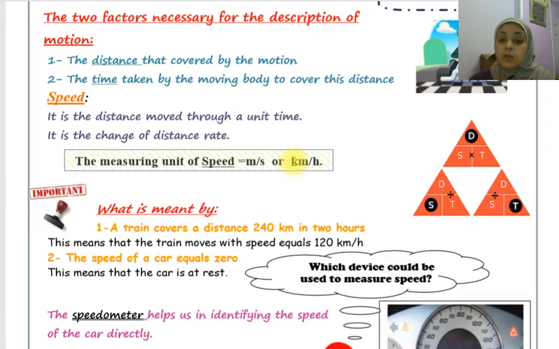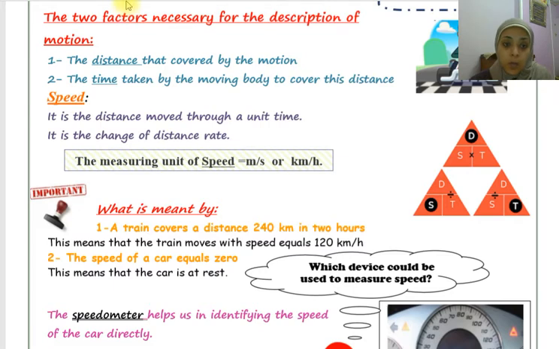And when we use the kilometer for the distance, we have to use the hour for the time. So what are the units of the speed? Meter per second or kilometer per hour.